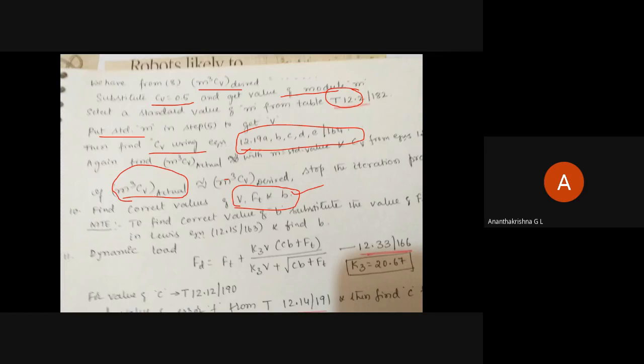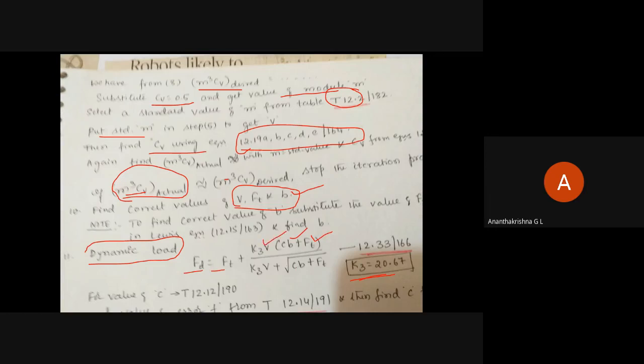Next job is to find the dynamic load because gears are subjected to dynamic loading conditions. So dynamic load is given by Ft plus K3 into V into (C into b plus Ft) divided by K3 V plus root of (b C plus Ft). So K3 is 20.67, given in your data handbook. b is the face width, Ft the tangential tooth load, V the surface velocity of the gear.